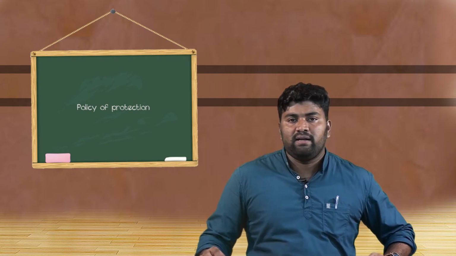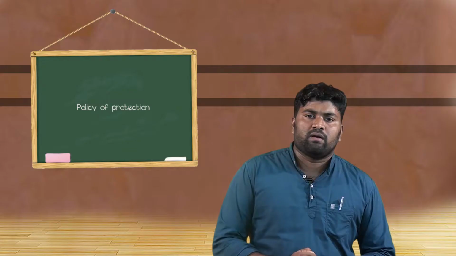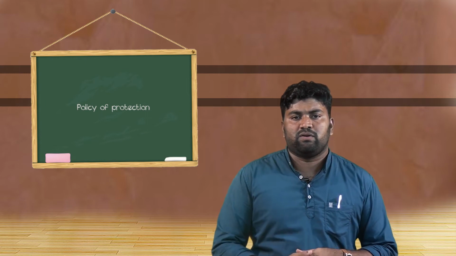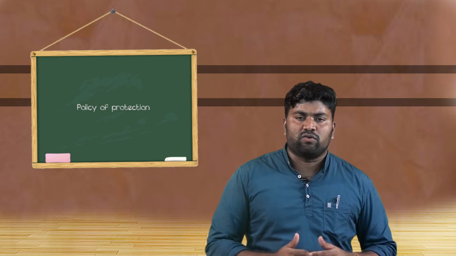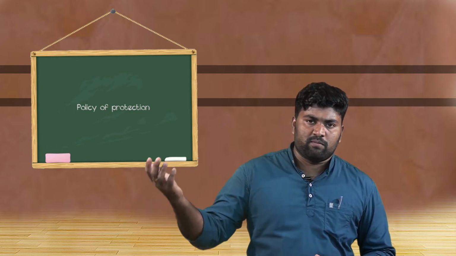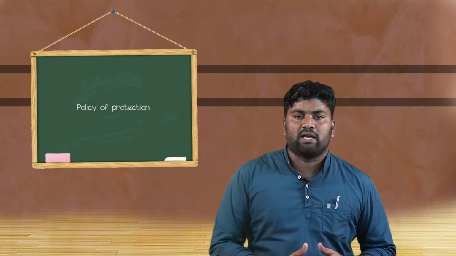The next is the anti-dumping argument. The anti-dumping argument is a very favorable statement for protectionist trade policy. It checks or controls the commodities which come from foreign destinations to the domestic economy.